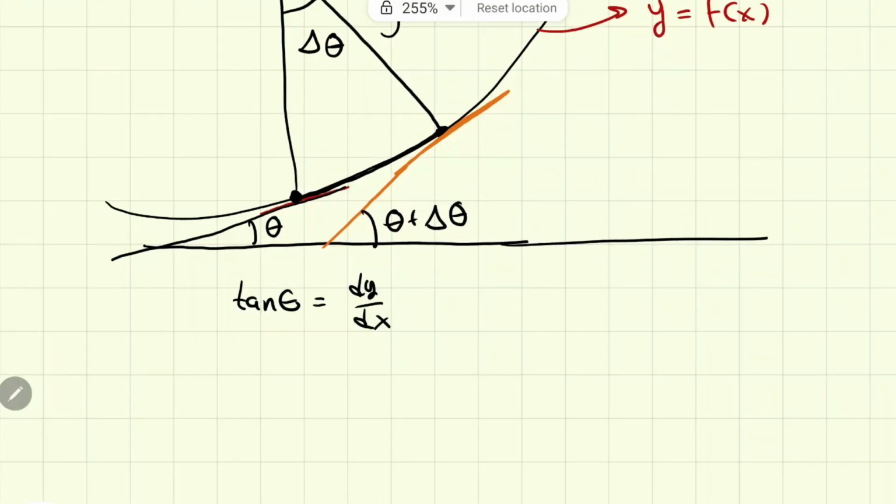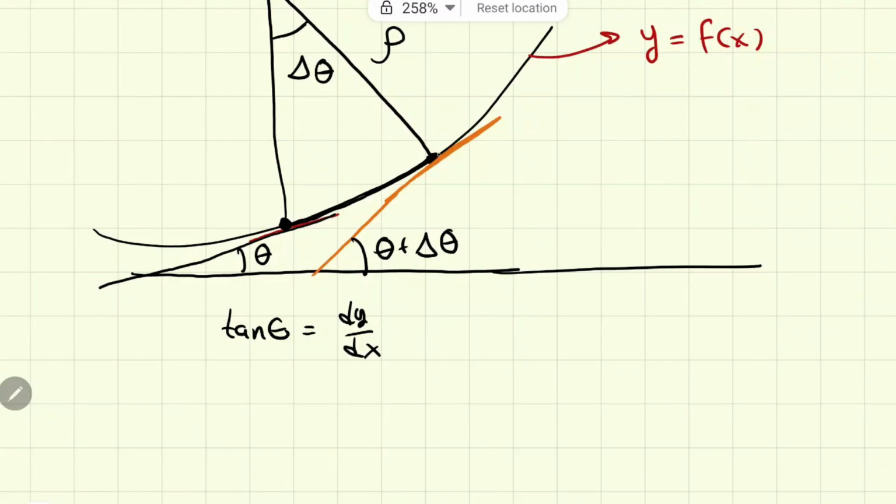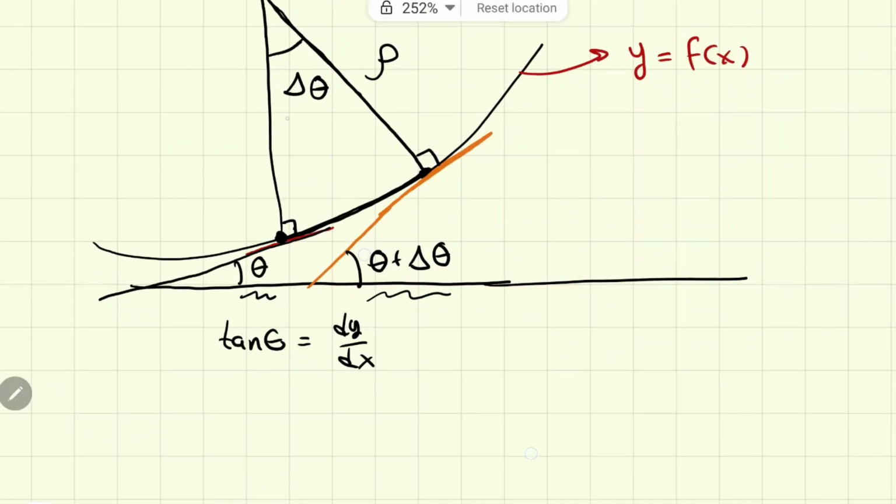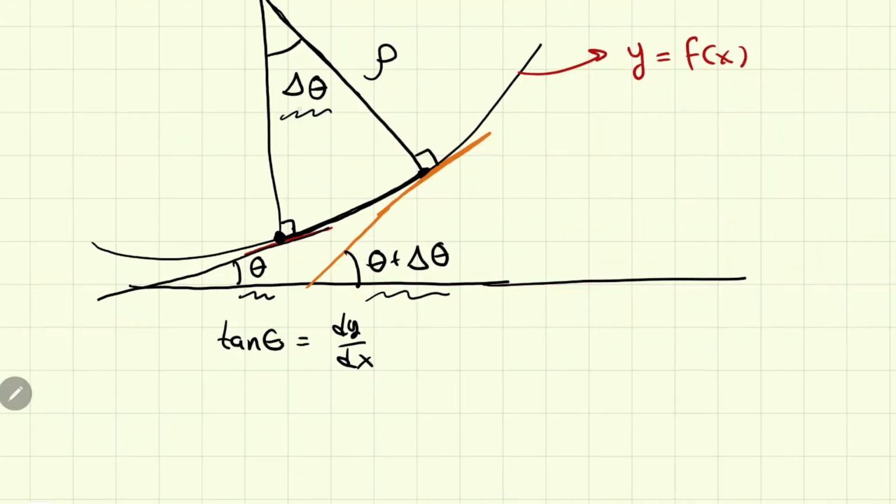Recall that these lines make a 90-degree angle with the radius, and this also makes a 90-degree angle with that radius, so we can say that the difference between this first angle and this second angle is just delta theta, just by looking at the image and seeing that this angle is equal to delta theta.